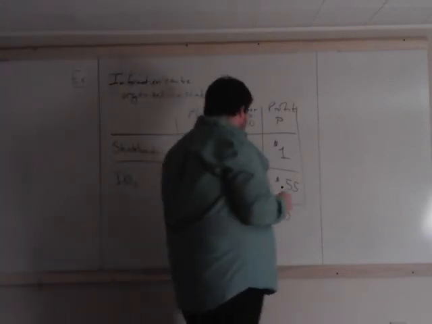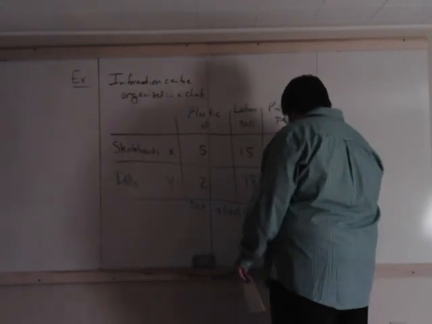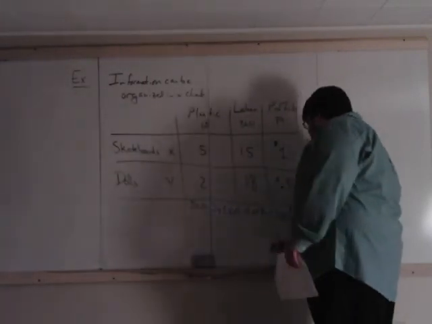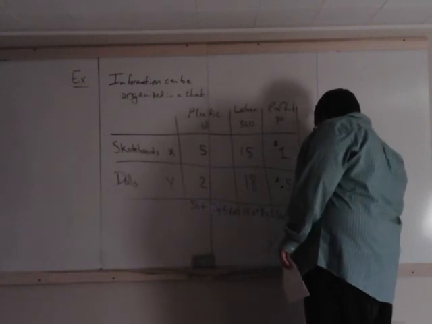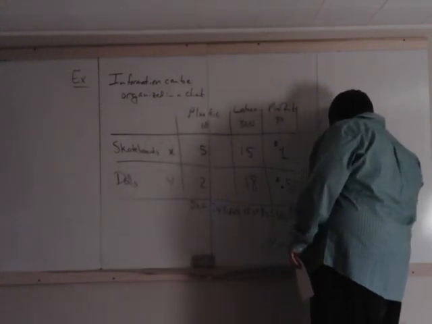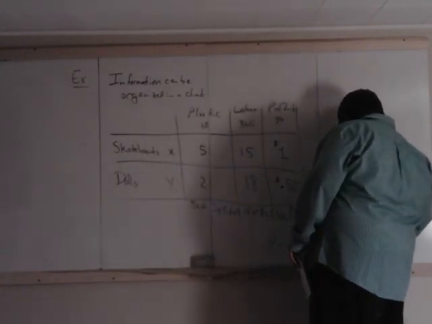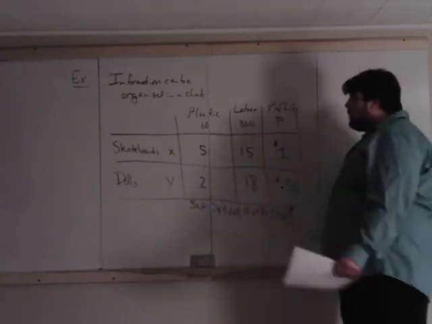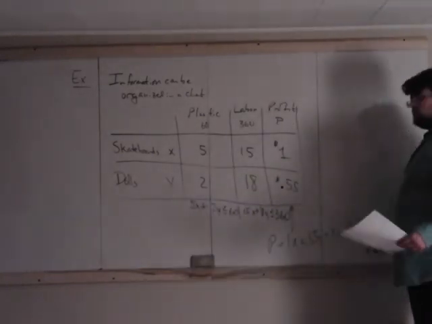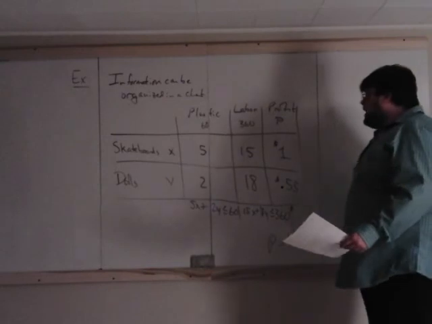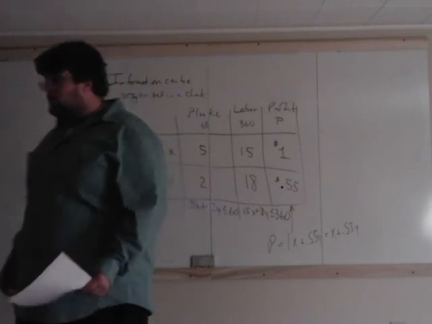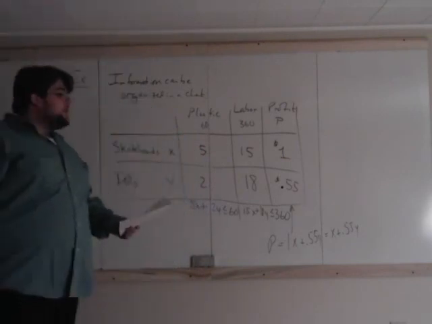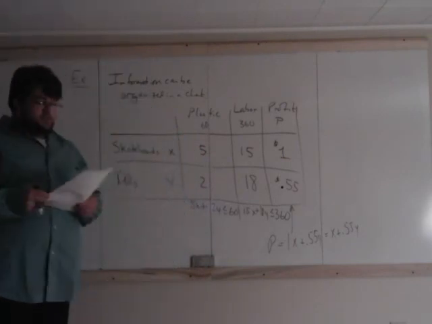I would normally write this under, I guess I'll write it under like this. Profit is just 1 times X plus 55 hundredths times Y. So you could use a chart to set yourself up. I didn't, but it is helpful for organizing and making sure you put the right numbers in the right spots.